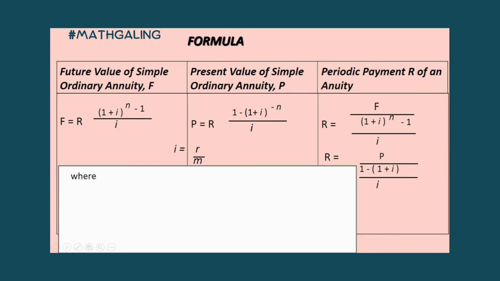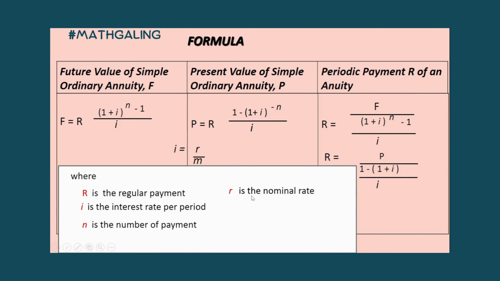If the future value is given, you need to use the top one, while if the present value is given, you need to use the bottom one, as you can see here. R is the regular payment, i is the interest rate per period, n is the number of payments, j is the nominal rate, and m is the number of conversion periods.